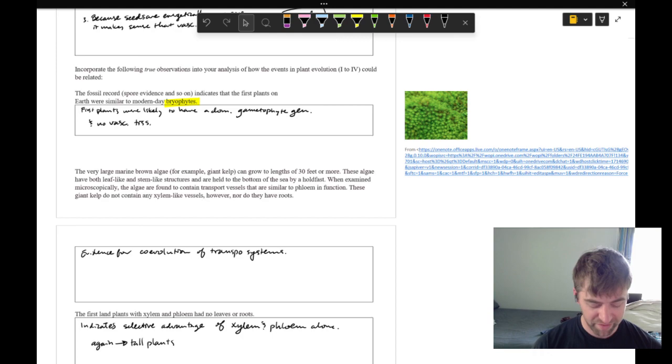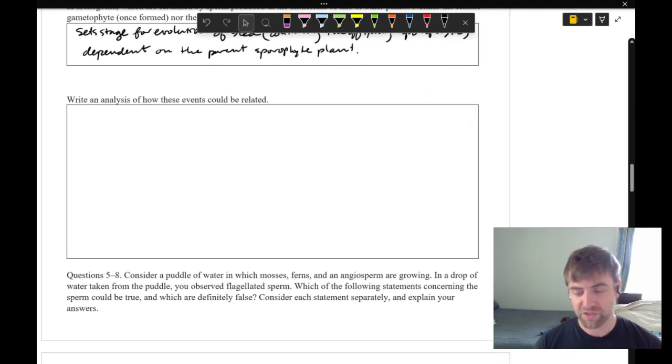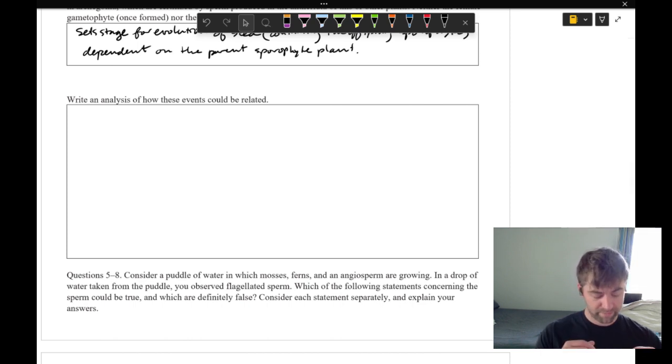Yeah, I think it should be fairly straightforward at this point. You need vascular tissue to be able to feed parts of the plant that aren't actively photosynthesizing. This increase in metabolism allows for the subspecialization of structures like leaves and roots, which increase surface area, which allows for better metabolic output and more diversity and more specialization.